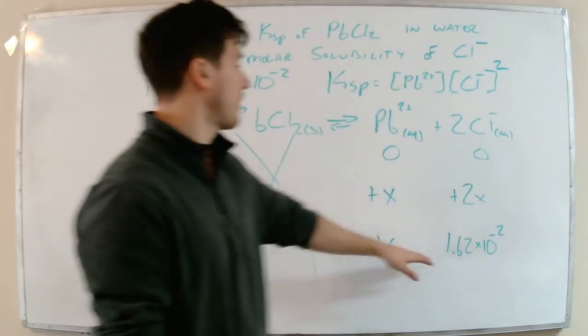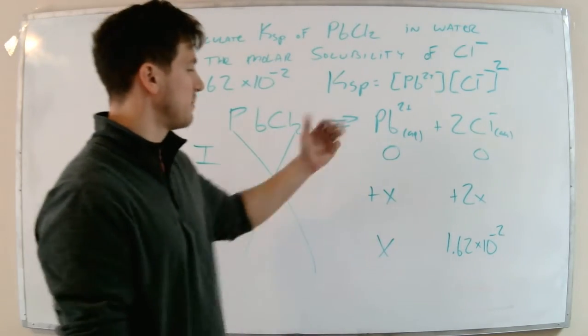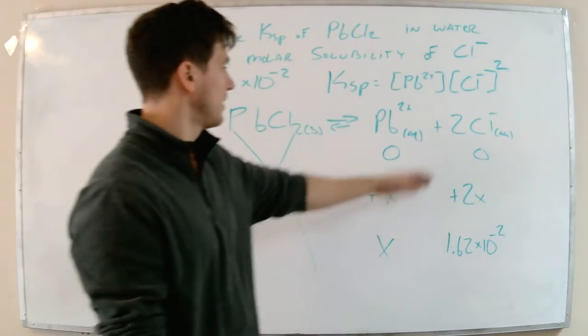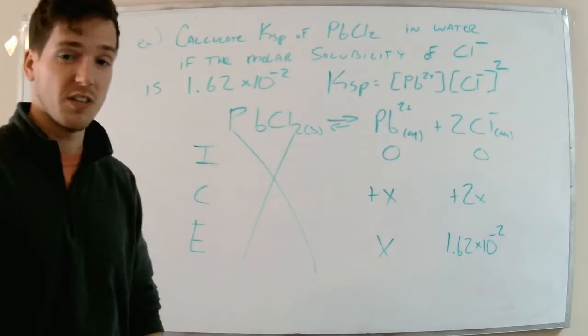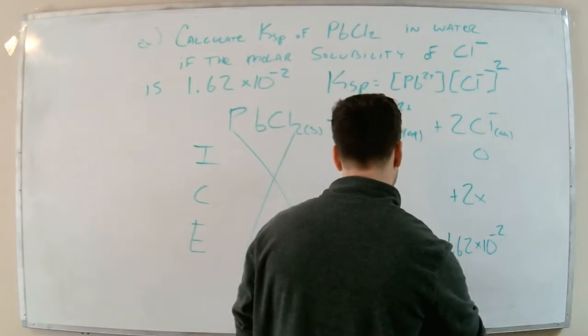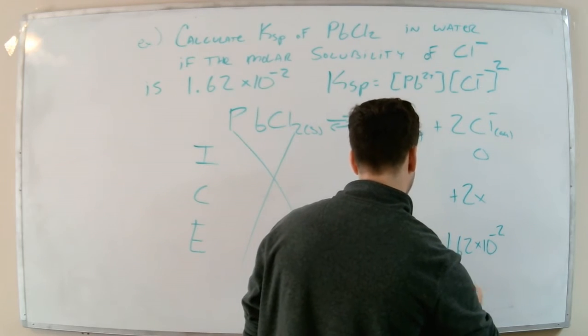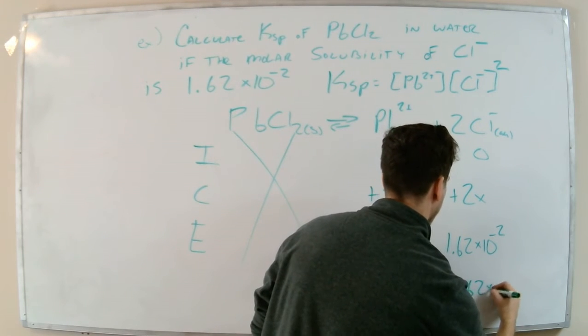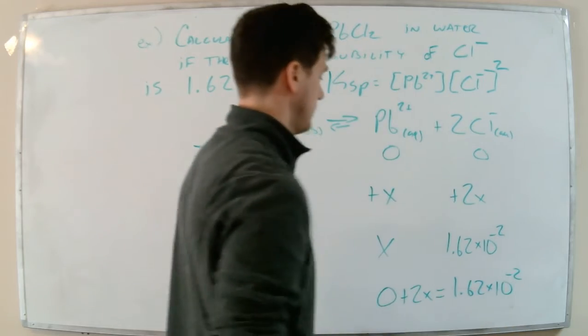So we have Cl minus, that's cool, but now we need Pb2 plus. Well, remember, initial plus change equals equilibrium, so right now we pretty much have 0 plus 2x equals 1.62 times 10 to the negative 2.